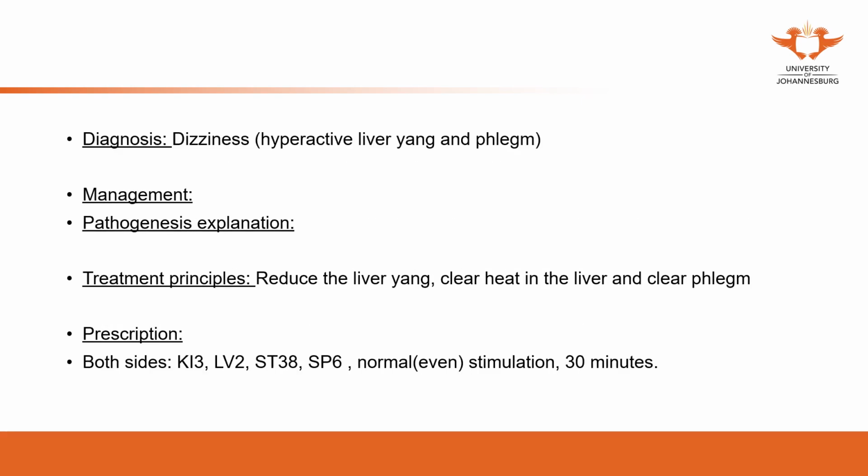After the physical examination, you're going to write a diagnosis. What's the disease you think about, and what's the symptom? For the management, you need to explain what happened to the patient. In the explanation, you need to use the theory that we have studied to explain the manifestations that support your diagnosis.